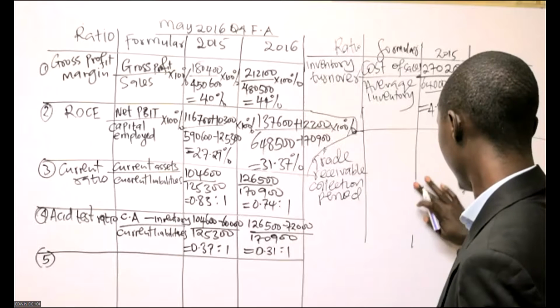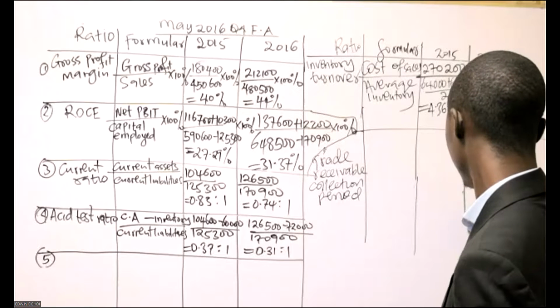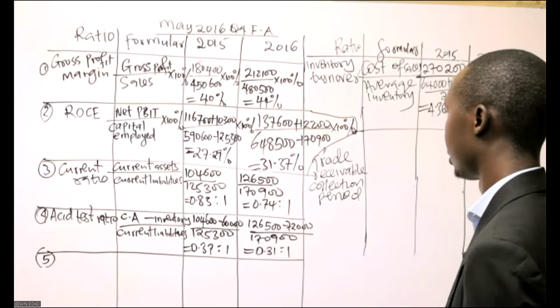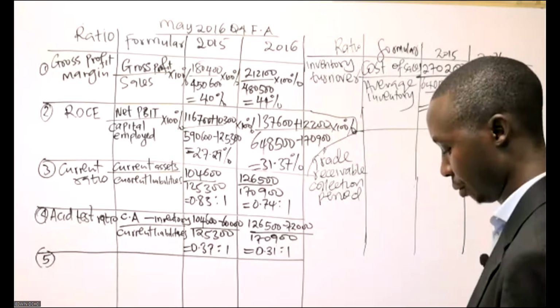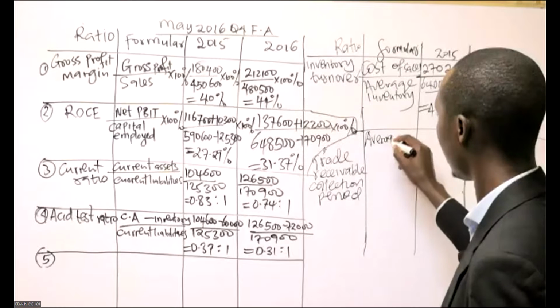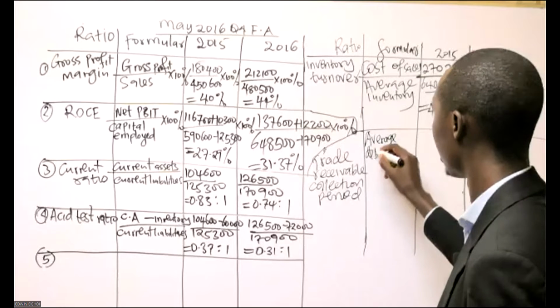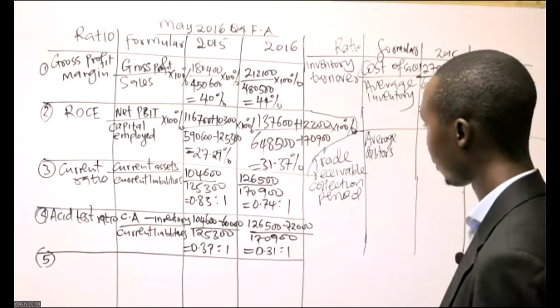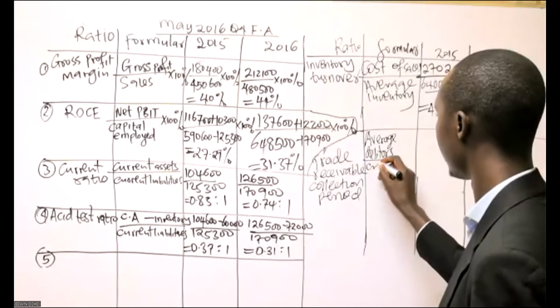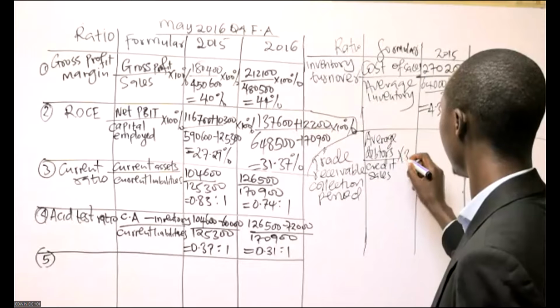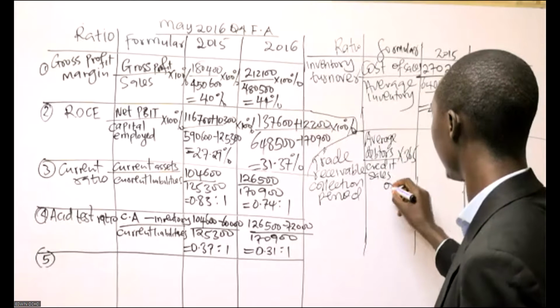The formula, I told you yesterday you write these notes. The formula is average debtors over credit sales times 365.